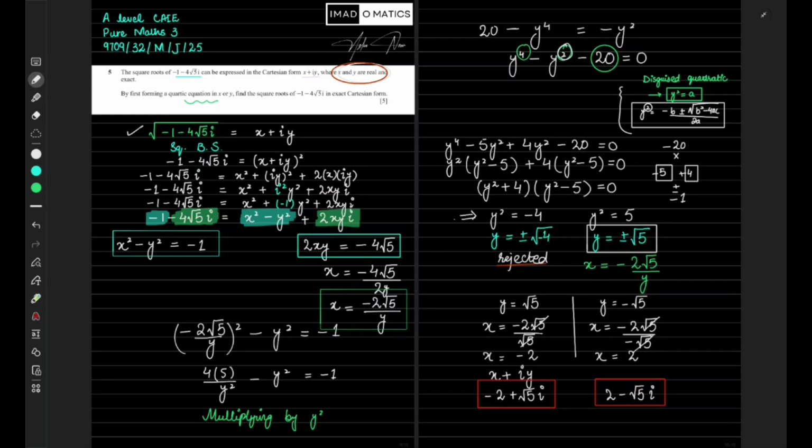Square it and then just expand it, equate them, solve them simultaneously, and then when we end up getting a quadratic equation, then use a quadratic formula or breaking of middle term to get your x and y solutions or a and b solutions that must be real, and then we just rewrite them in the form of x plus iota y, and that will be your solution. I hope you understand this all.